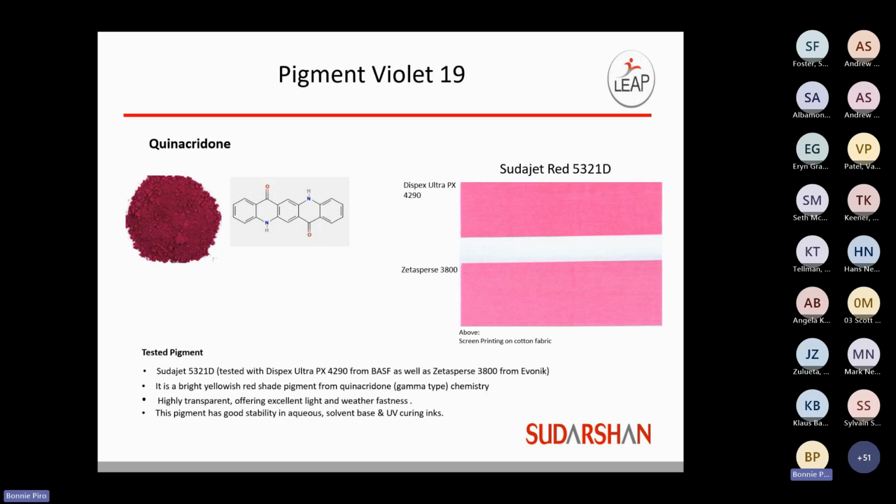And again, two different dispersants worked very well for this particular area. This Pigment Violet 19 is the gamma crystal, so it's going to be a little more yellowish shade and not the blue shade of the beta.